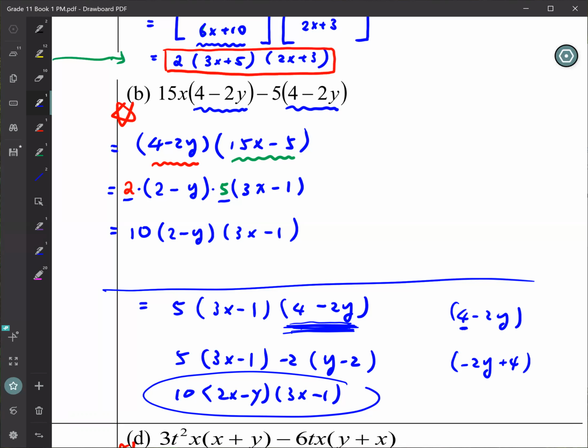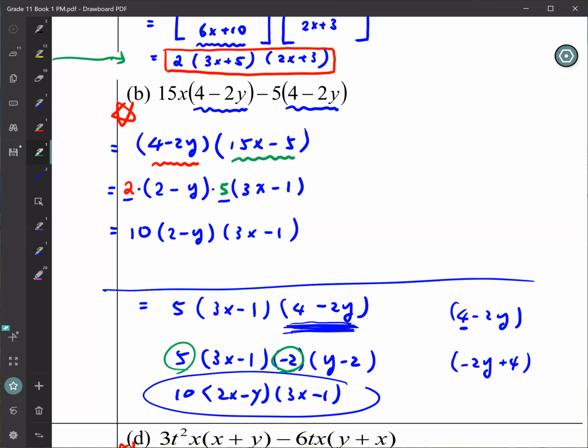So yours is also close, and the only problem is for the -2, it's better you put a bracket around it. Because if you don't put it inside the bracket, it looks like a -2. If you put it inside brackets, then it's multiplying. Then the -2 and the 5 can multiply to make the -10.